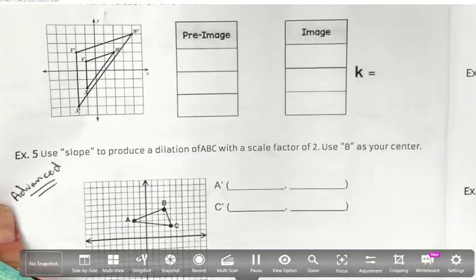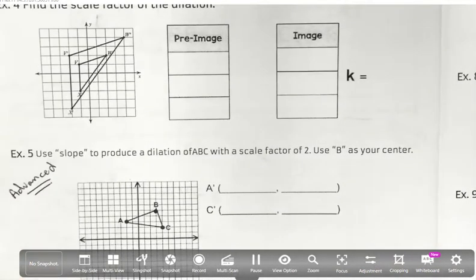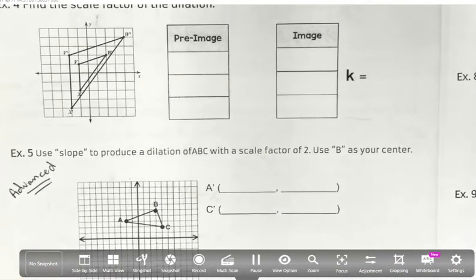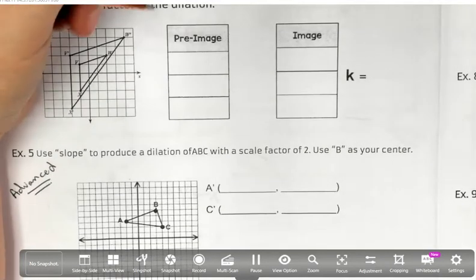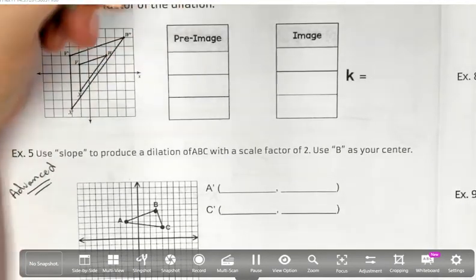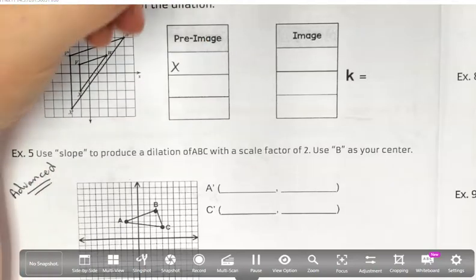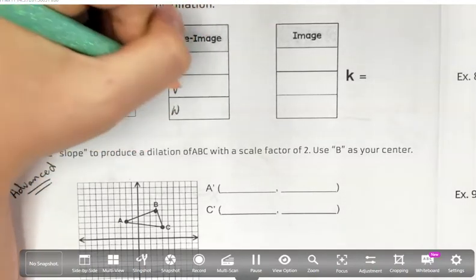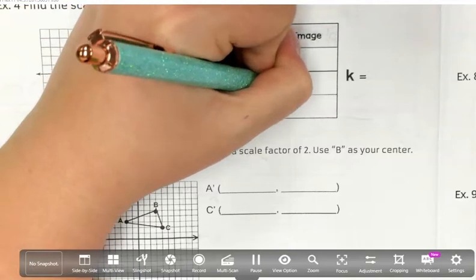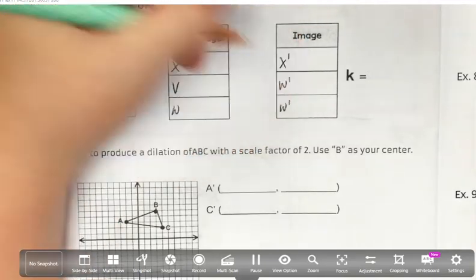So now we are going to figure out what that scale factor is. So we've got 6 points that we want to write down. And if we are writing those down, our X, V, W, X prime, V prime, W prime.